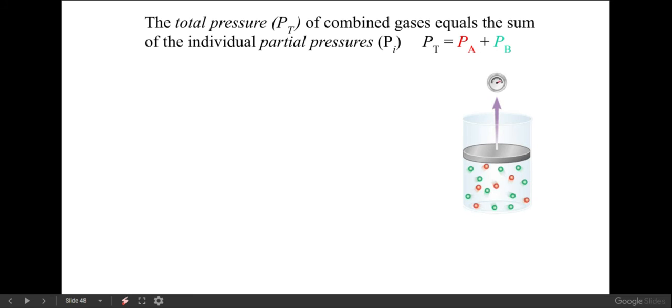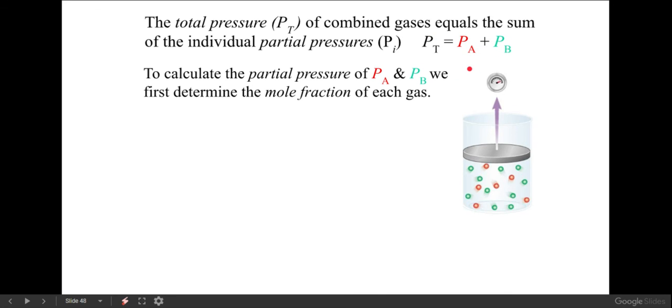So total pressure, the individual pressures will add up to the total pressure. So we're going to use this to talk about what if we have a mixture of gas and we want to know what is the partial pressure. So this i is for individual pressure. So the T, total pressure, is the sum of the individual pressures. So what we want to be able to do is figure out what is the partial pressure. And to do that, we're going to take the mole fraction.